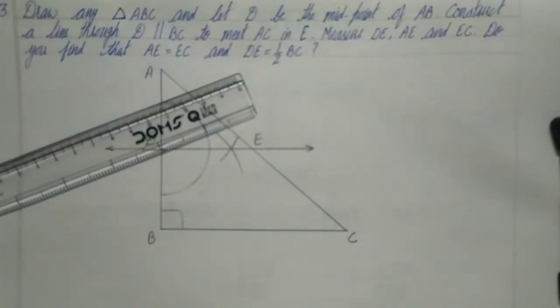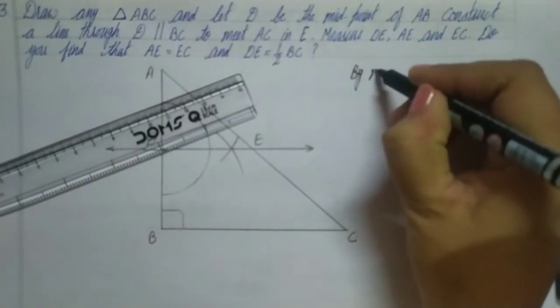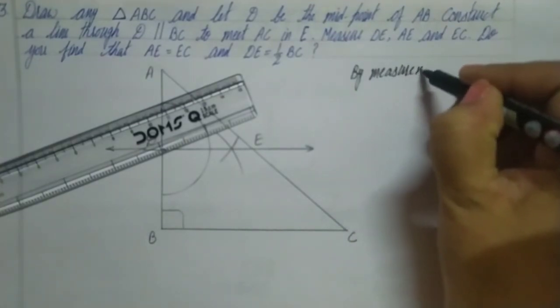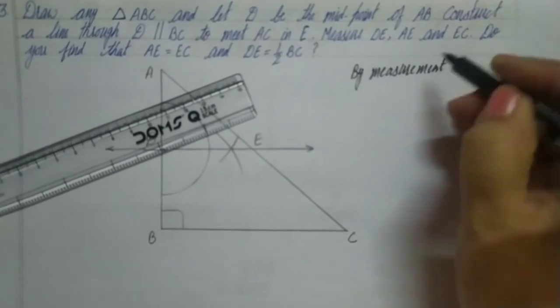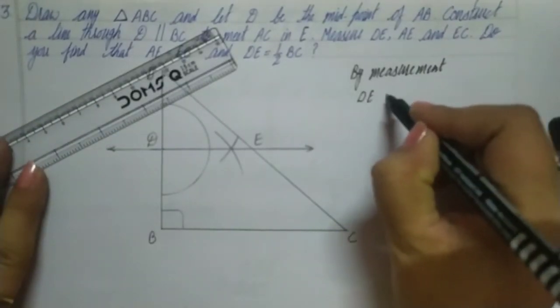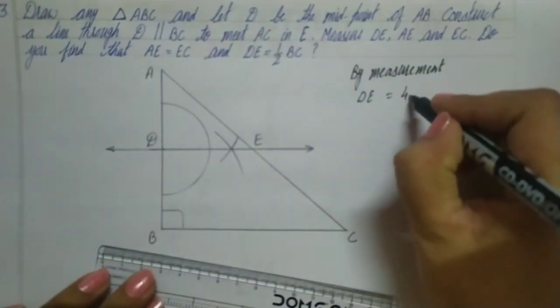So by measurement, DE is equal to 4.8 centimeter.